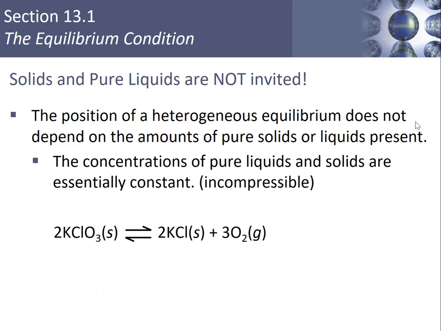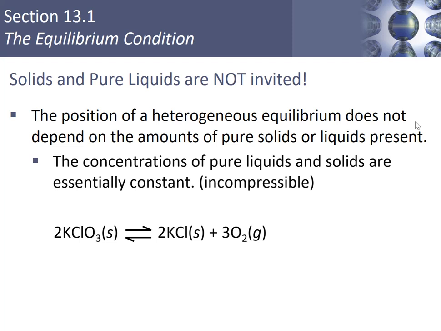So if I was looking at this reaction, what would the K expression look like? Remember, K is equal to the concentration of the products raised to the stoichiometric coefficients divided by the reactants.